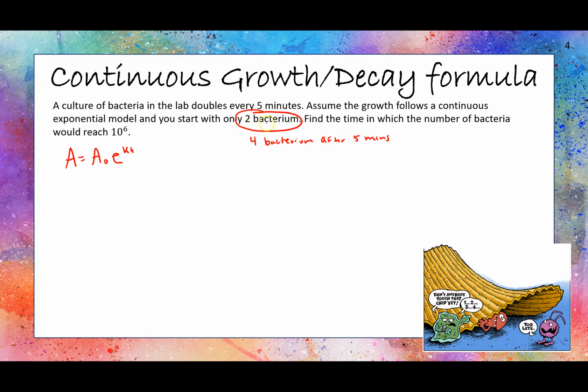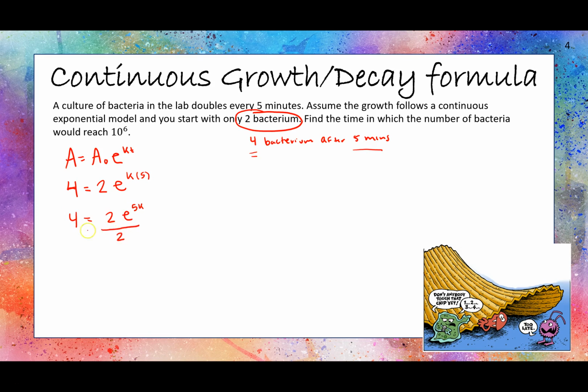So we're starting with 2, we have 4 after 5 minutes. So the amount that we have is 4, we started with 2, and our time is 5 minutes. So rewriting this, I have 4 equals 2e to the 5k.